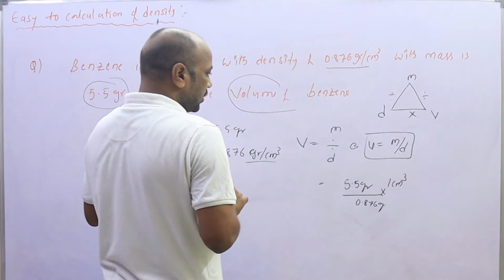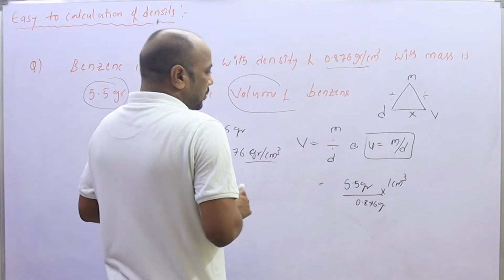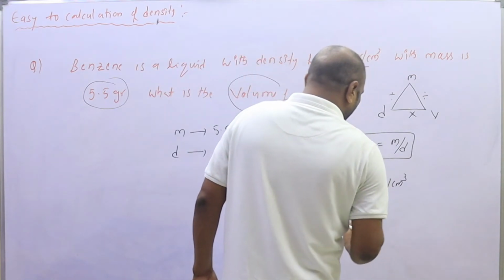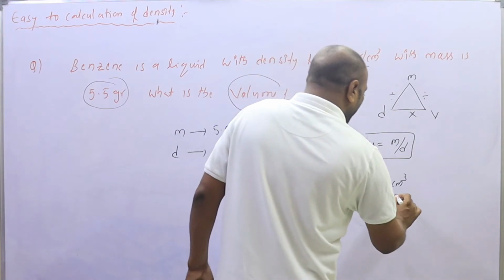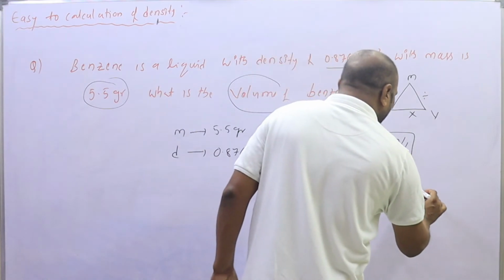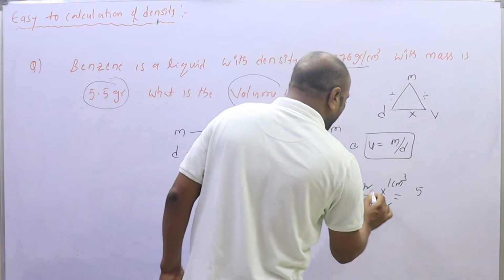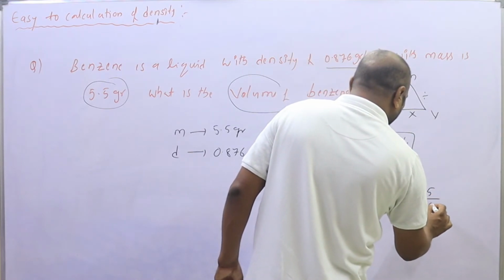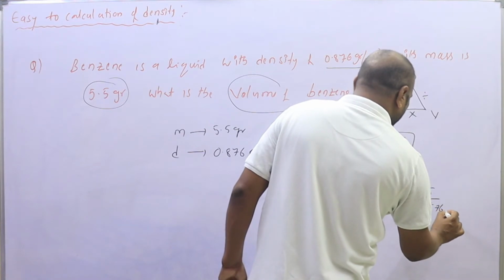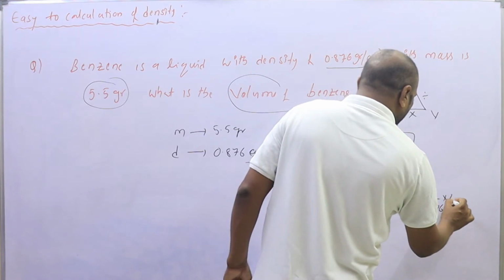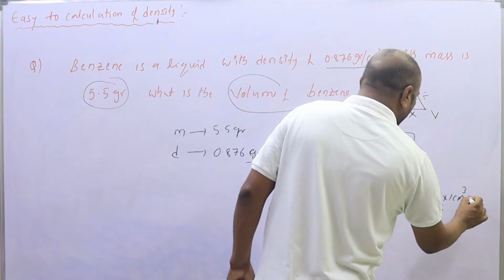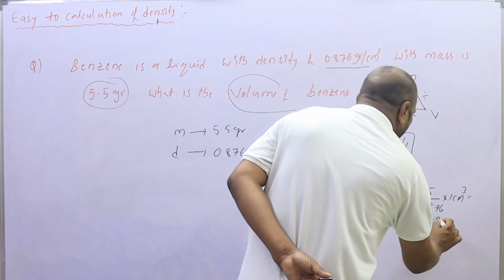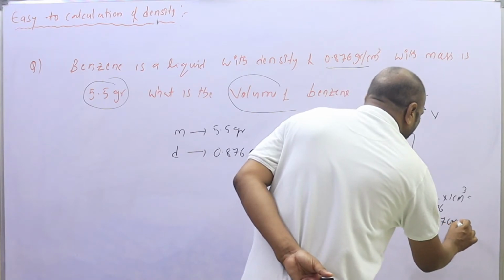Now grams cancel. 5.5 by 0.876 into 1 centimeter cube is almost 6.27 centimeter cube.